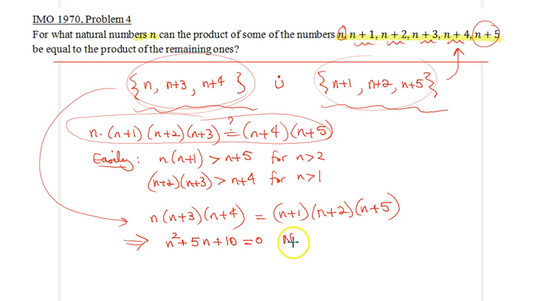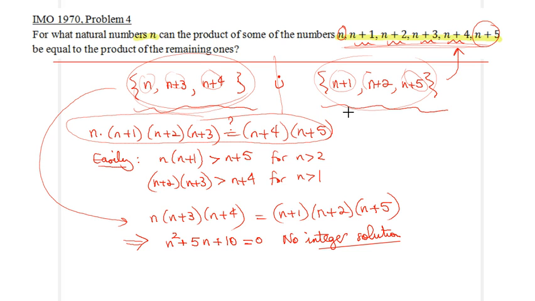It is easy to check that, for instance, using the quadratic formula. So the answer to the problem is no such configuration. There's no way we can split this set of 6 consecutive integers into 2 disjoint subsets where the product of terms in each set is equal to the product of the other set. And that solves our problem.